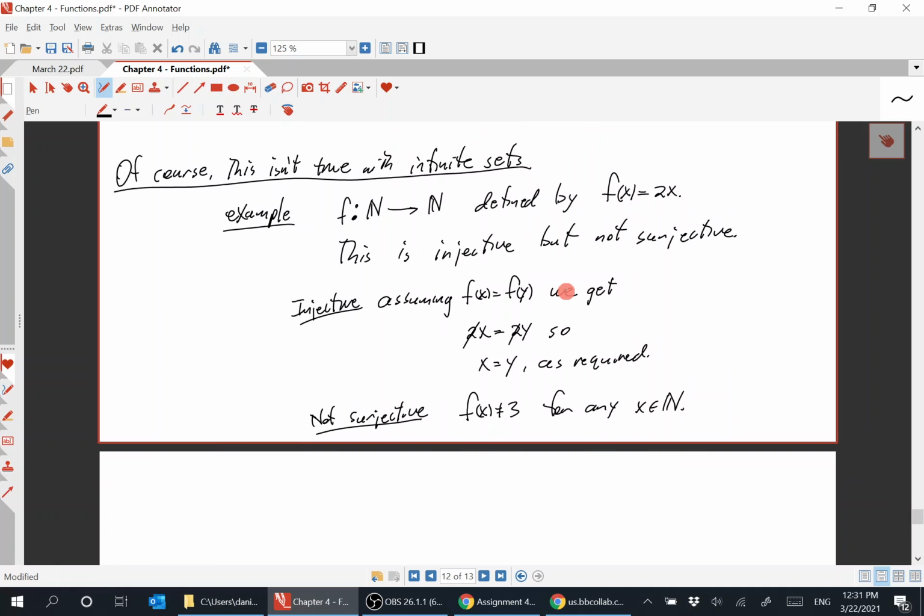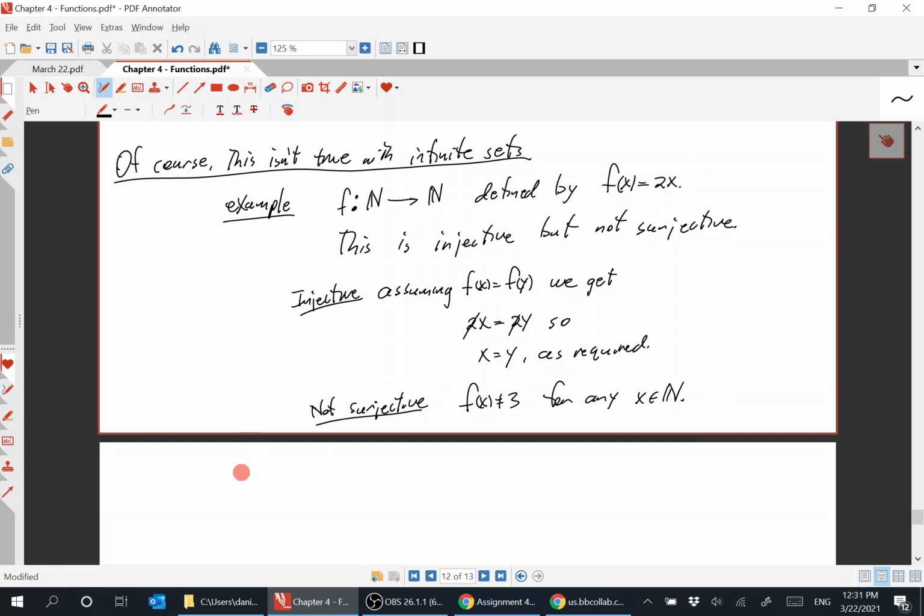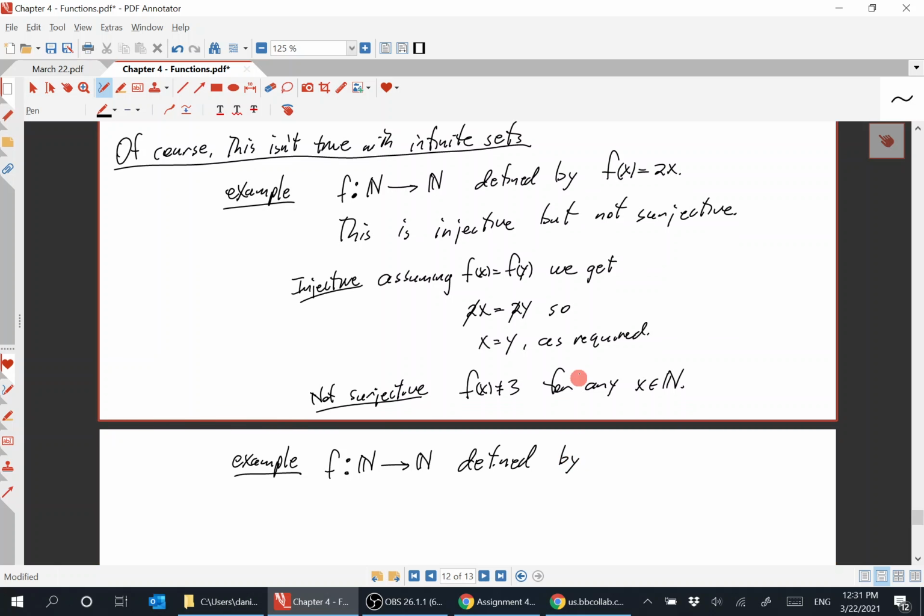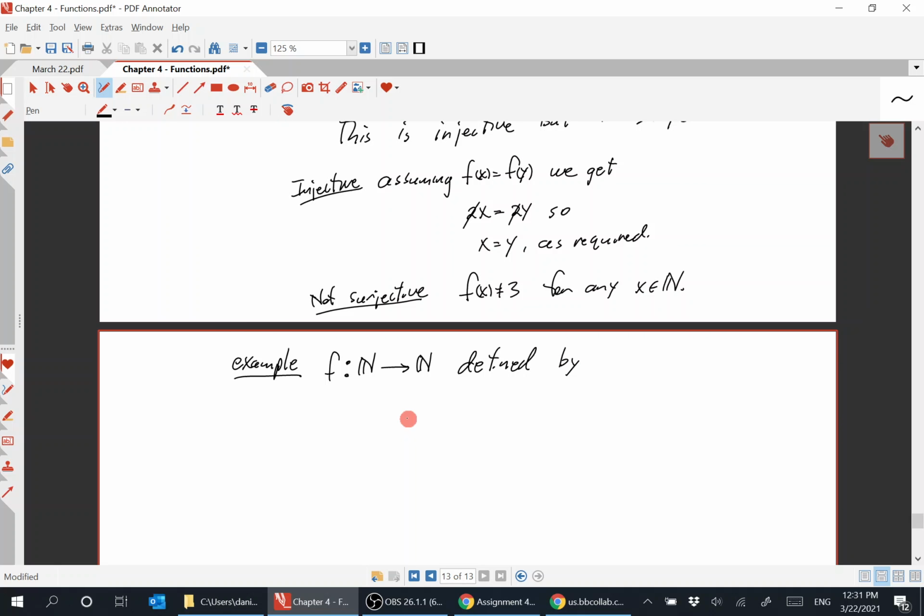Right, or if you did something like this, f from the natural numbers to the natural numbers defined by f of x is equal to x over 2 when x is even.